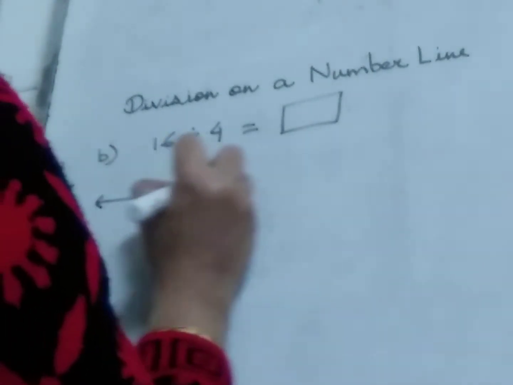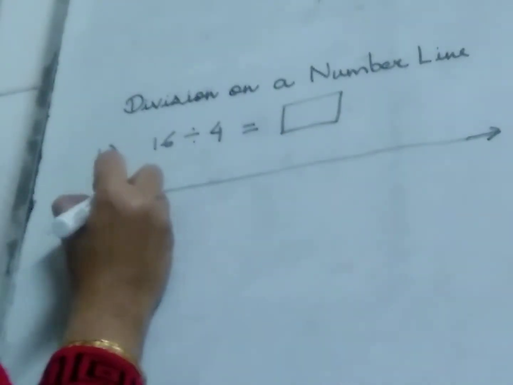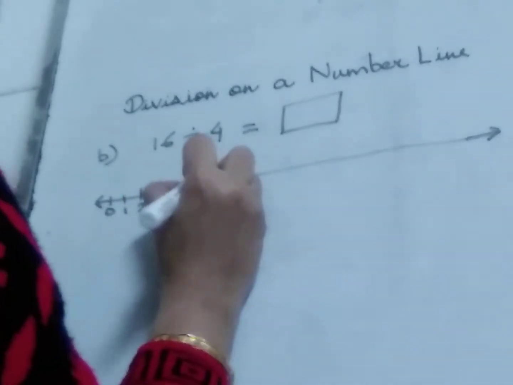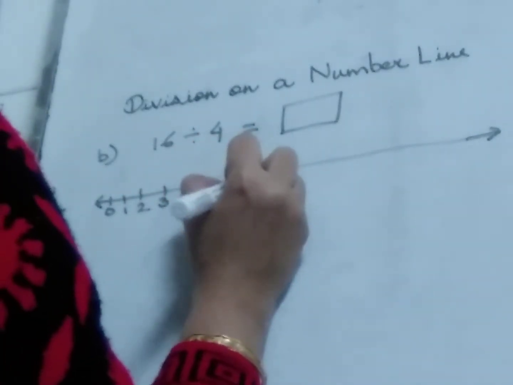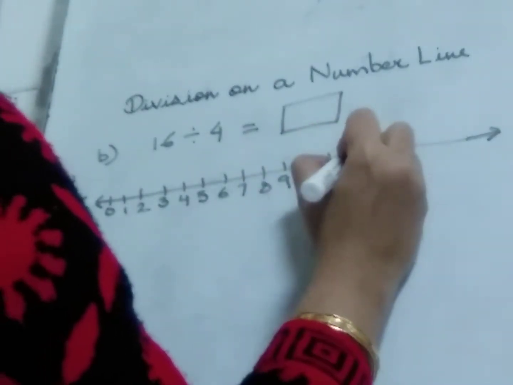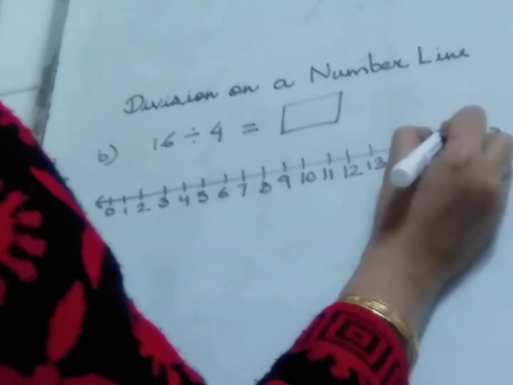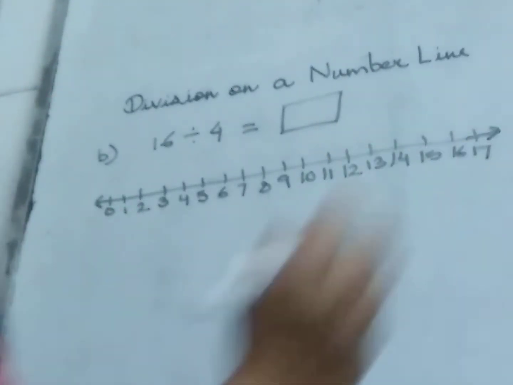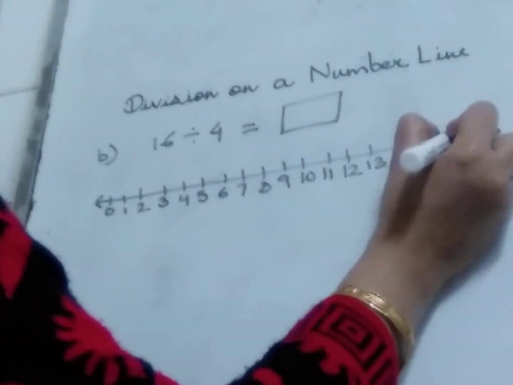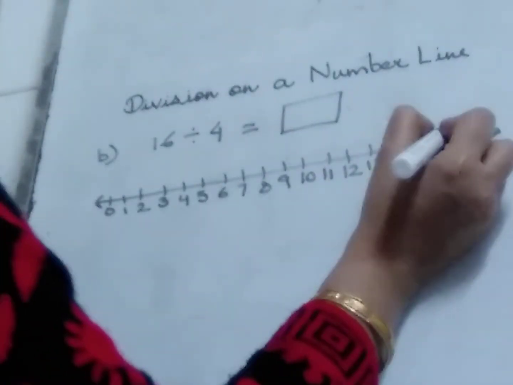Again make a number line here. 0, 1, 2, 3, 4, 5, 6, 7, 8, 9, 10, 11, 12, 13, 14, 15, 16, 17. Now to divide 16 by 4, start on 16, jump backwards 4 steps at a time.